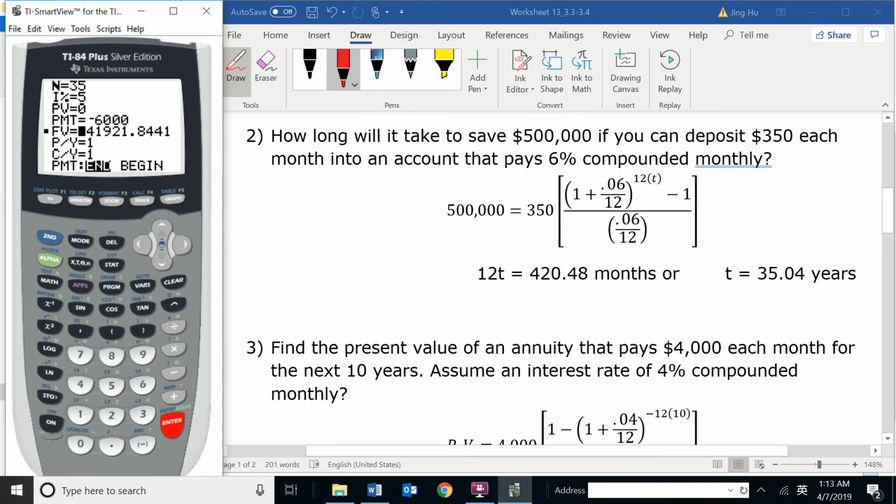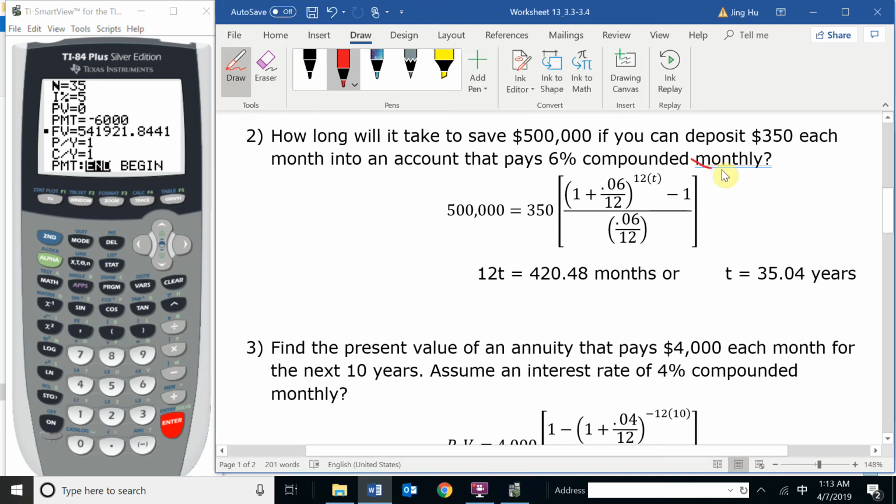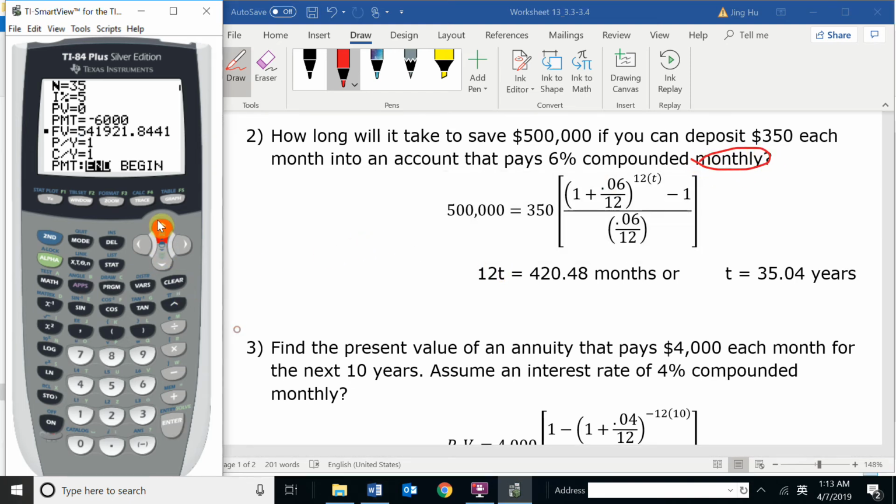Now let's go to the next question. Save 500,000 and deposit 350 each month at 6%, and the keyword is monthly. So now let's go to the calculator.